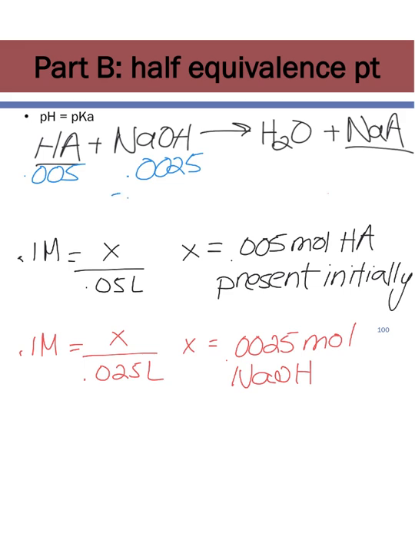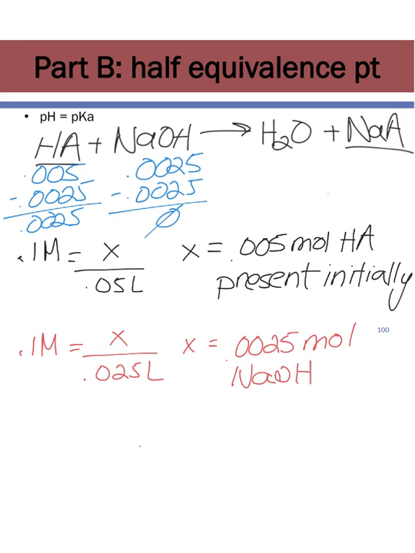So we would lose 0.0025. So we have no sodium hydroxide. We would have 0.0025 moles of acid remaining because we started with 0.005. 0.0025 have been consumed, so 0.0025 remains.